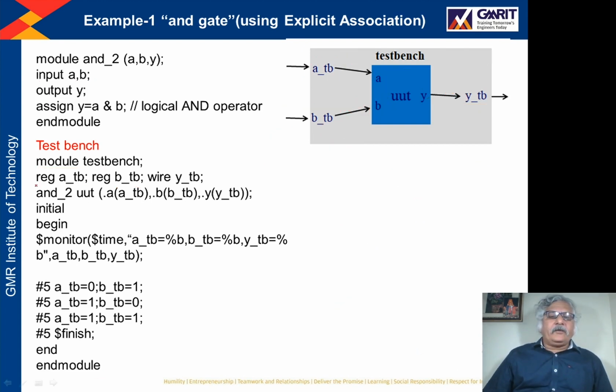Here you just see reg A_tb semicolon, reg B_tb semicolon, then wire Y_tb.